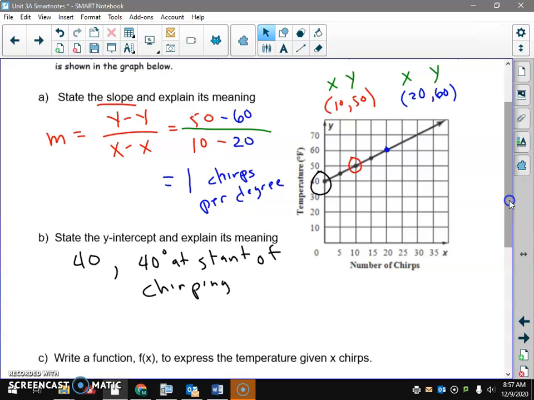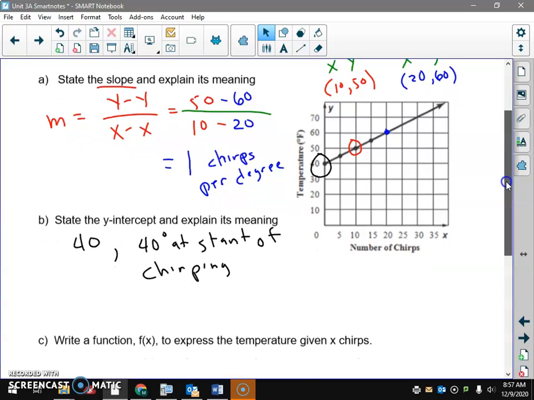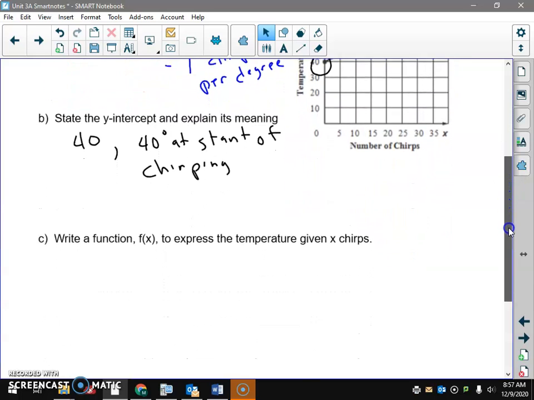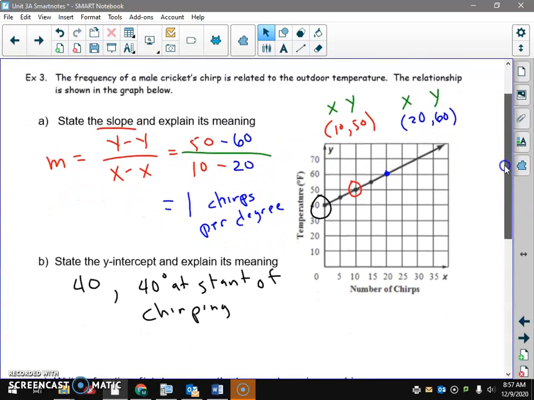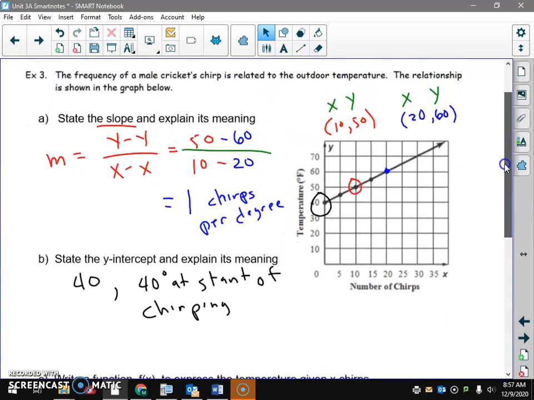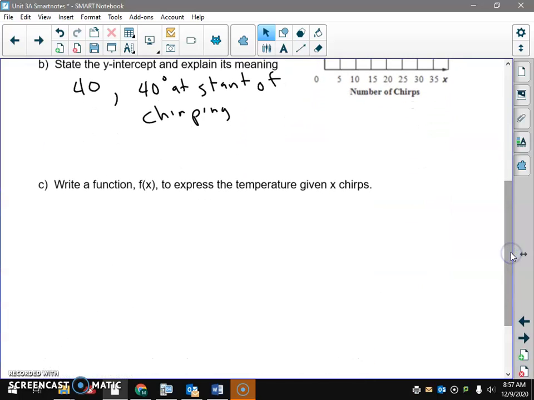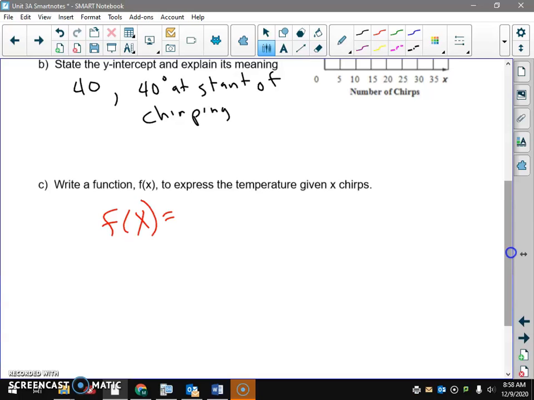You only hear chirping when it's more than 40. That's why you don't hear any crickets in the wintertime. So write a function. Well, we've got 2 numbers. We've got our y-intercept of 40 and our slope of 1. So that means f of x equals 1x plus 40.